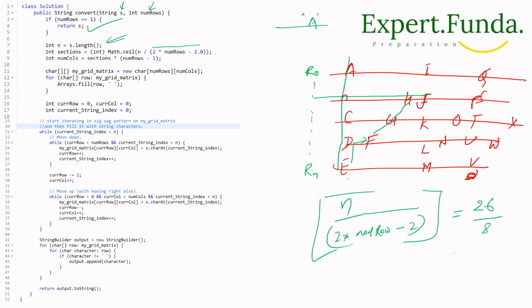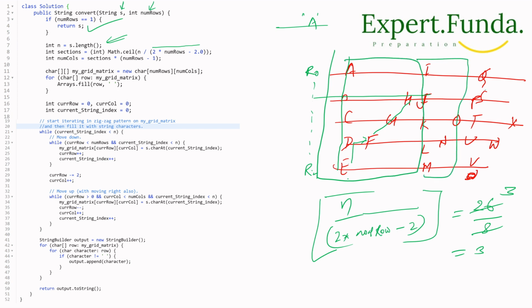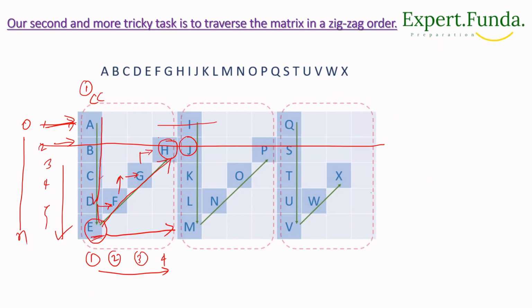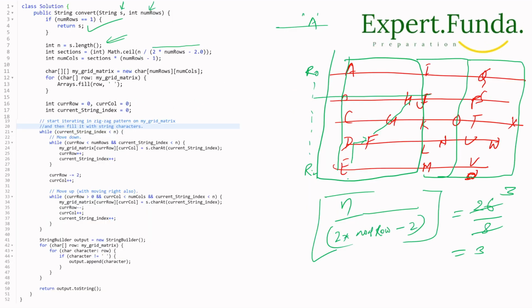How many sections will come? 3, because 3 times 8 is 24, and it is 3 point something, so the ceiling value will be 3. That's why we are getting a total of 3 sections, section 1, section 2, and section 3, correct?